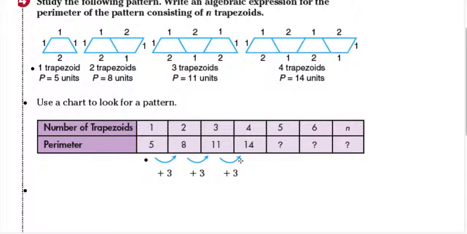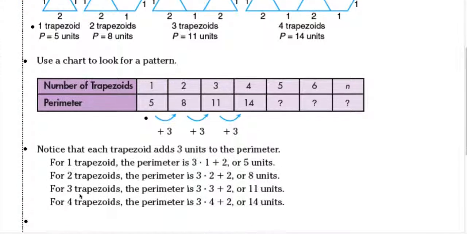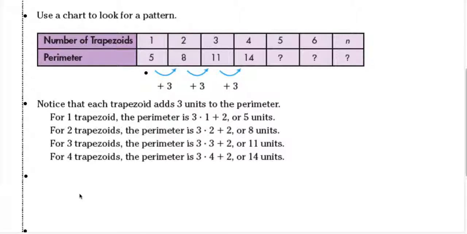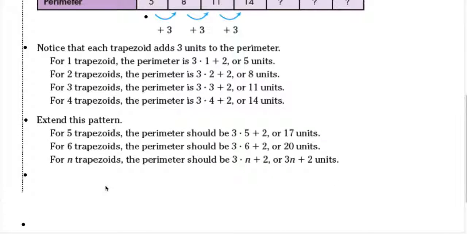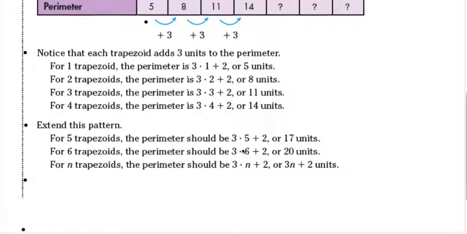Following that pattern, for one trapezoid, the perimeter is 3 times 1 plus 2, or 5 units. For 2 trapezoids, 6 plus 2 is 8 units, and so on. We simply extend the pattern. For 5 trapezoids, it should be 17 units. For 6 trapezoids, it should be 20 units. And for n trapezoids, it will be 3n plus 2 units, following the pattern we just created.